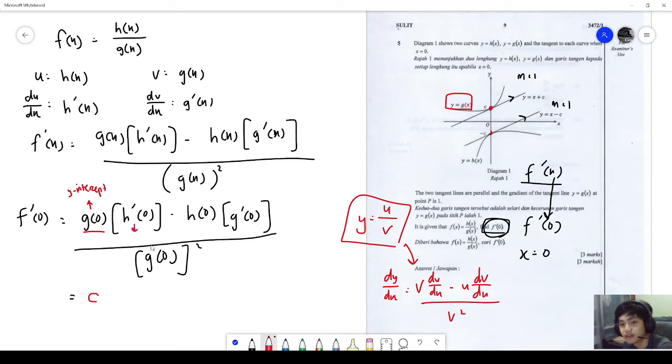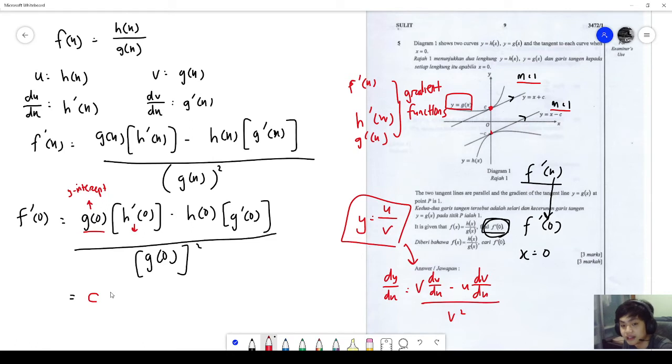So g'(0) in this case would be when x equals 0, what is the gradient. Because remember, h'(x), g'(x), and f'(x), all three of these are gradient functions. Because they are gradient functions, if you insert a value of x in them, you find the gradient at that point. So when x equals 0, they said the gradient is 1 already.